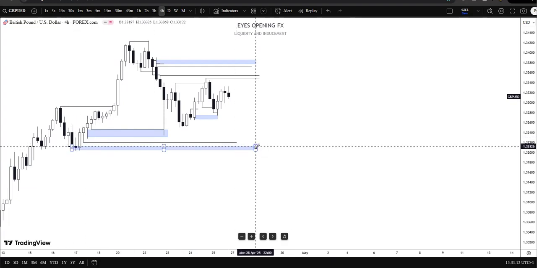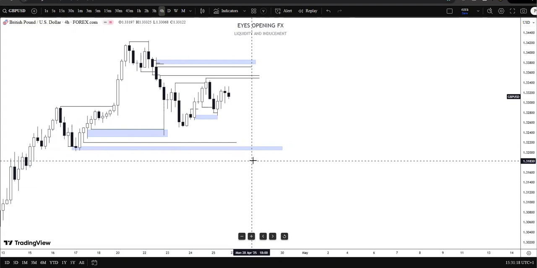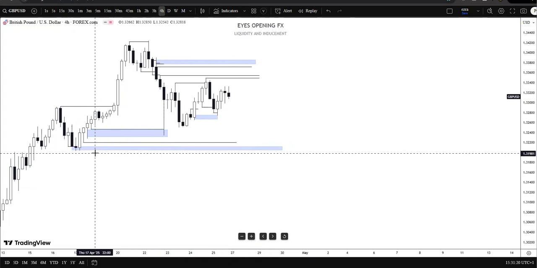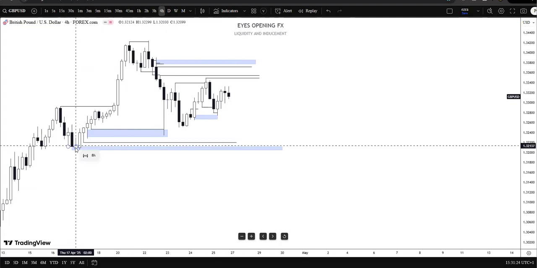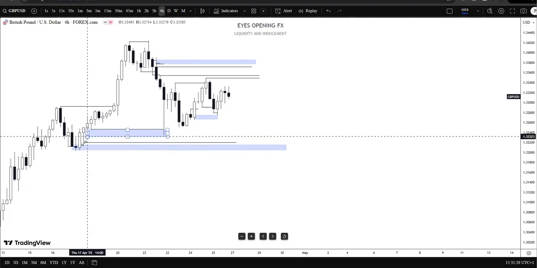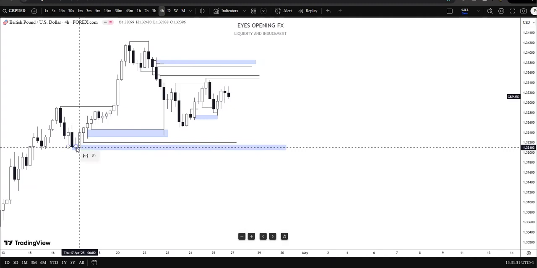So this area can be your point of interest for a buy, or if you don't want to refine it on a lower time frame based on mitigation, you can use this on the higher time frame as your point of interest. But if you refine it on your lower time frame, it'll be a little bit wider compared to when you're using the Quasimodo level.